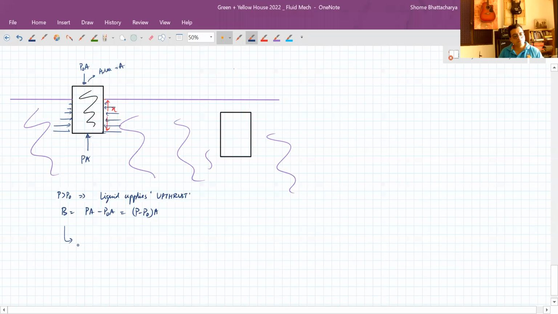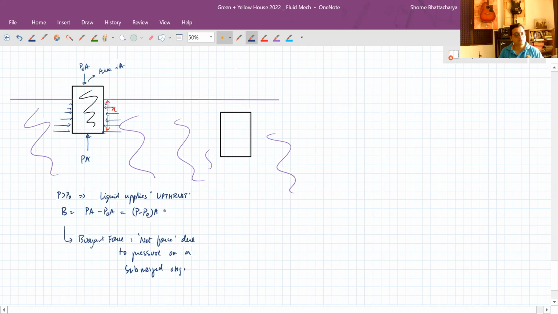So basically, upthrust or buoyant force is the net force due to pressure on a submerged object. Okay, so that you can see is this one.